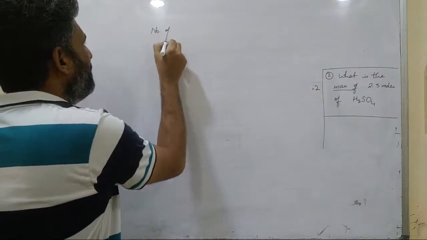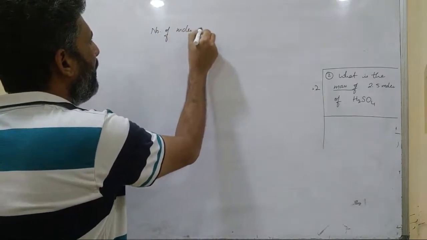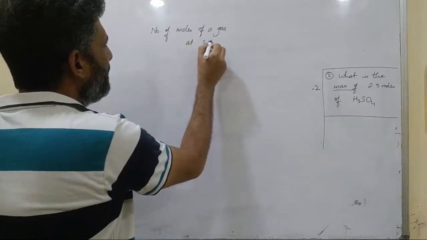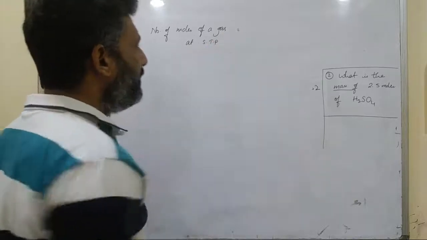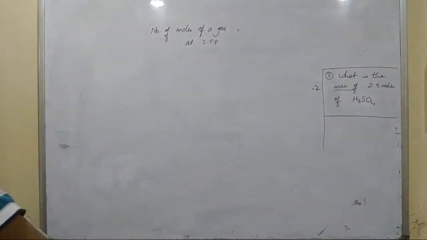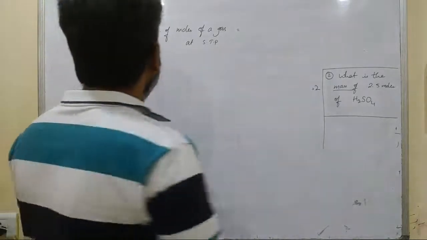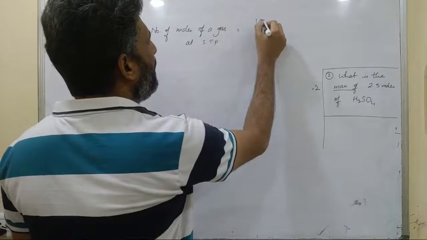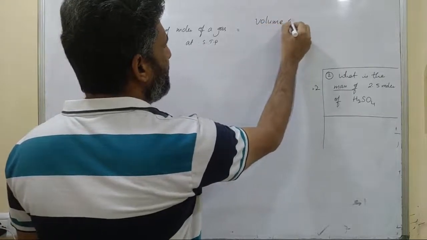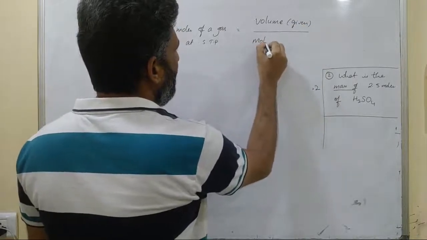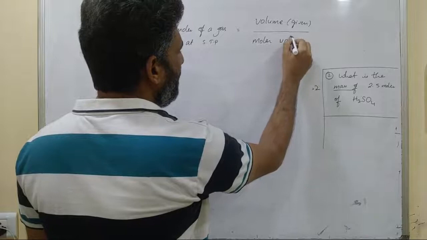So number of moles of a gas at STP is given by this formula: the volume of the gas which is given divided by molar volume.